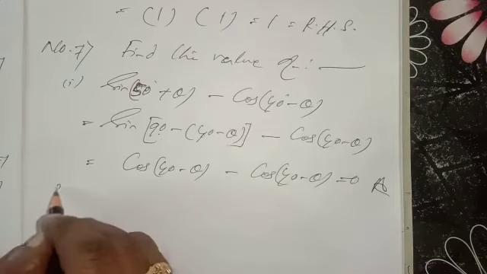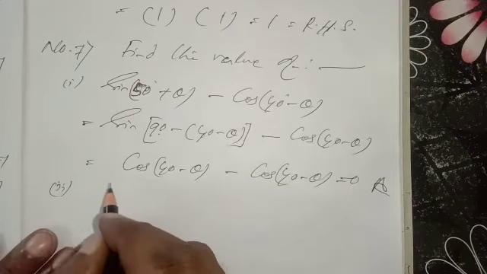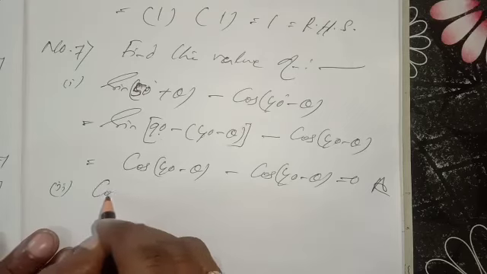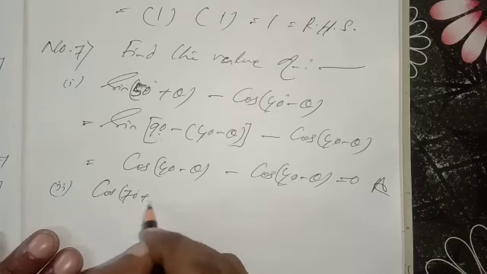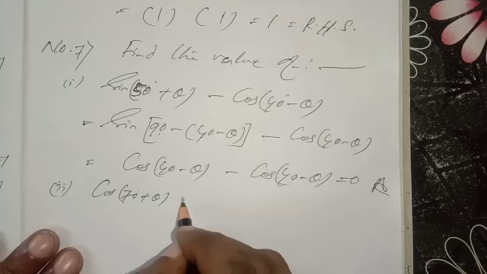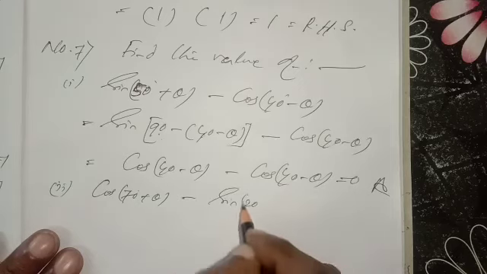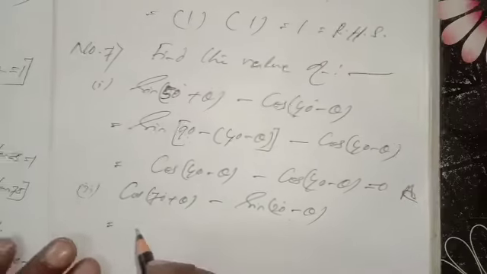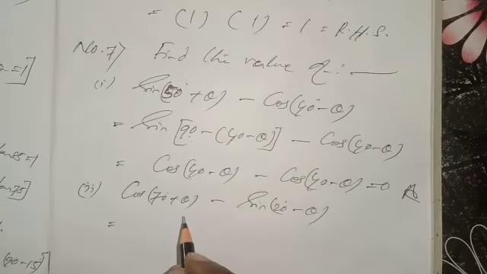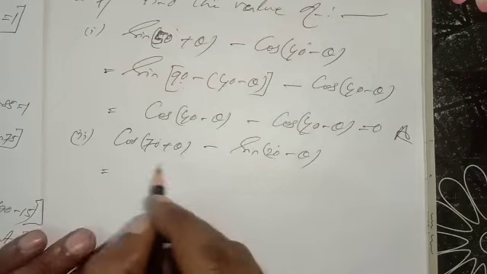0 is coming. See, the second part of the question is the same type: cos 70 plus theta minus sin 20 minus theta. Okay, any one you have to break. I am breaking the first part. Okay, one more question left, that is the last today.